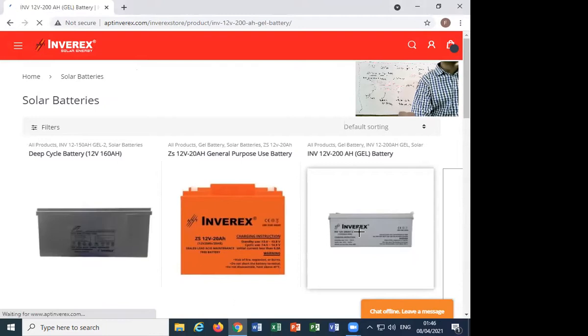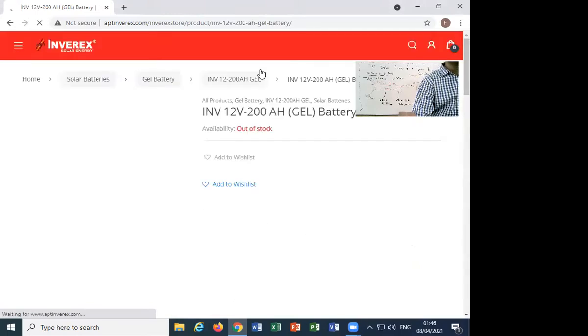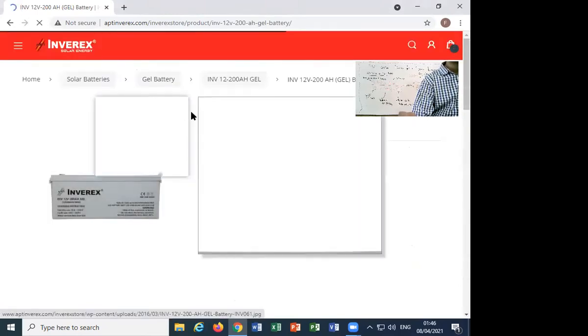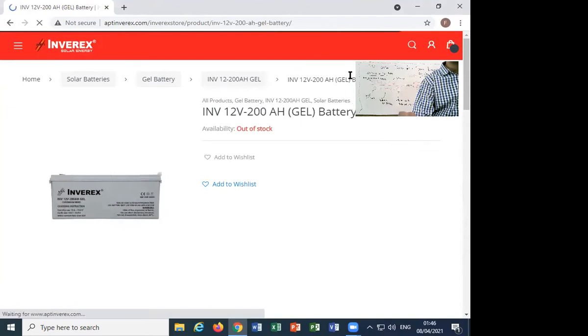Let's say we are going to choose this gel battery of 200 ampere hour. This is the 12 volt 200 ampere hour battery. Let's calculate for this. Okay, let me zoom in on this window.